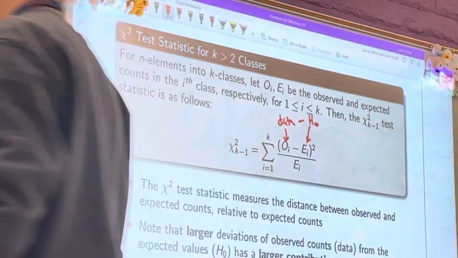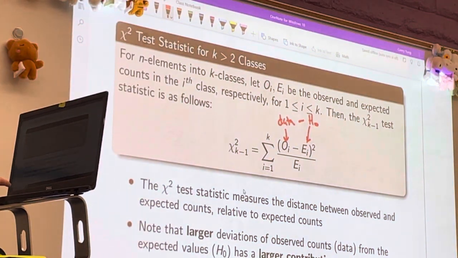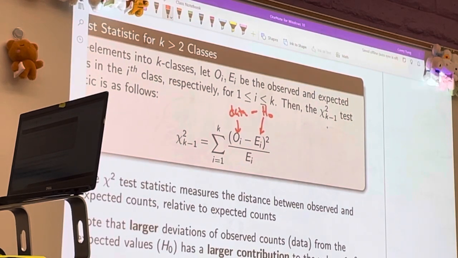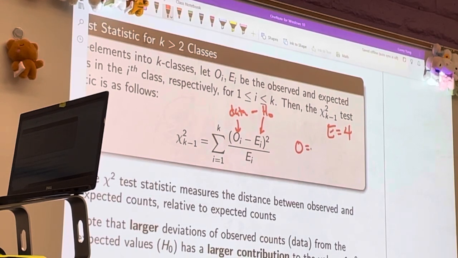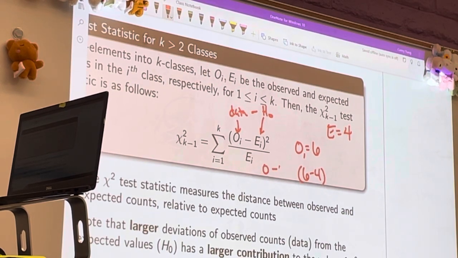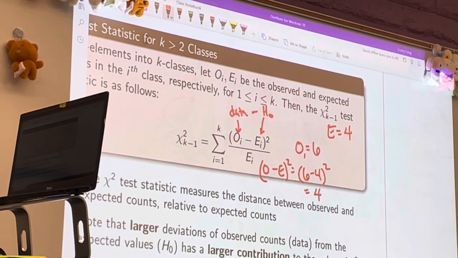So for instance, if I have an expected count of 4, and let's say in one case I observe 6, then if I take 6 minus 4, observed minus expected, and square it, this is only going to be 4. That's not a huge thing to add up, right? 4 doesn't contribute that much sometimes.